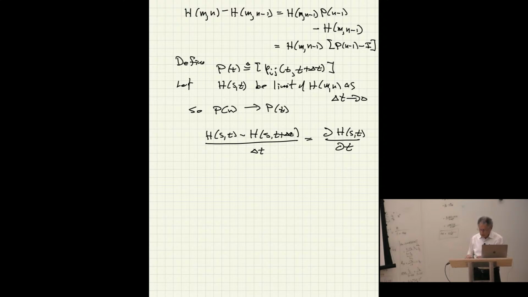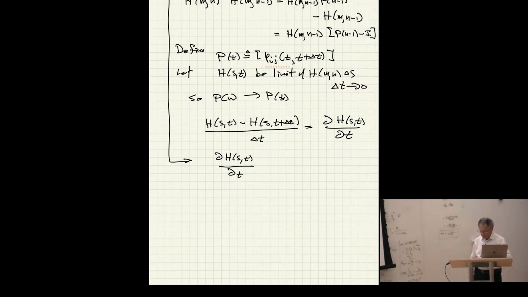So taking this equation at the top of the page, we're going to get the following equation. We're going to get the partial of h with respect to t as delta t shrinks to 0. Divide the whole thing by delta t and let it go.